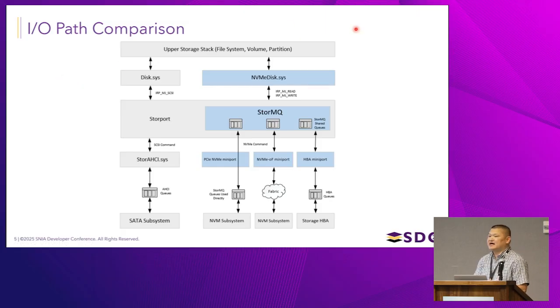On this slide, I have a diagram comparing the I/O path between what we have today in Windows versus this new stack that we're building. Again, all of the pictures in gray show what it looks like today within the current stack. For reads and writes, the request will come down to the disk layer, and in the disk layer, we translate that read and write to a SCSI read or write.